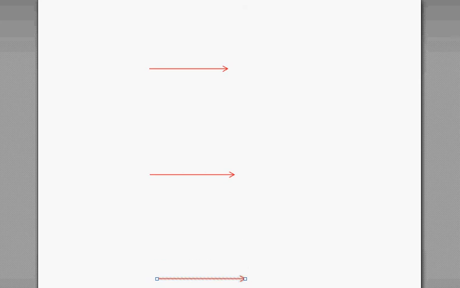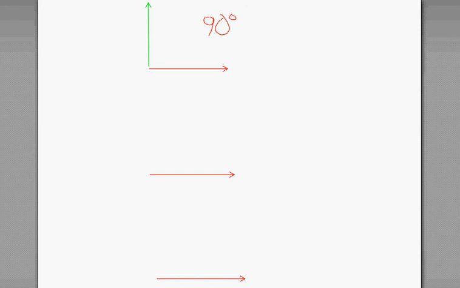So the first one, it says our vectors are separated by 90 degrees. So here's our first vector, and now I'm going to draw a second vector that goes straight up. And the angle between these two vectors is going to be 90 degrees. So let's just write that in. 90 degrees. Okay, so there's that.